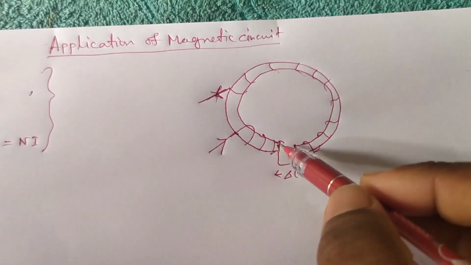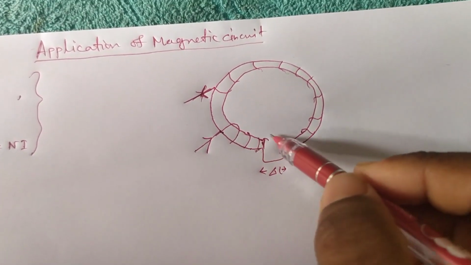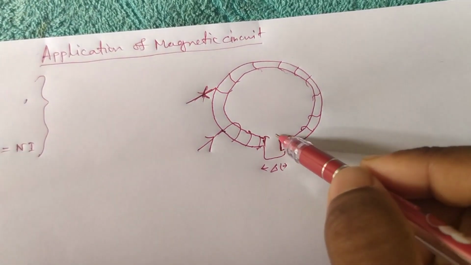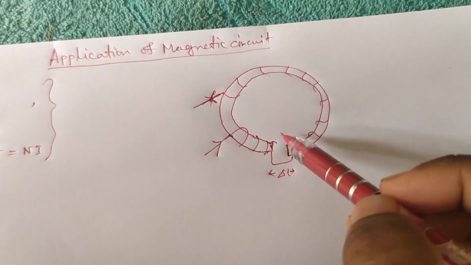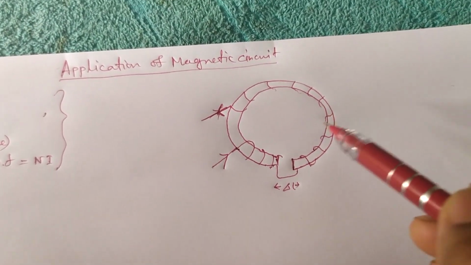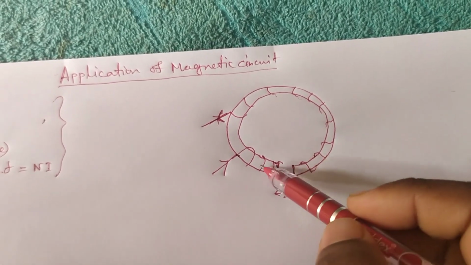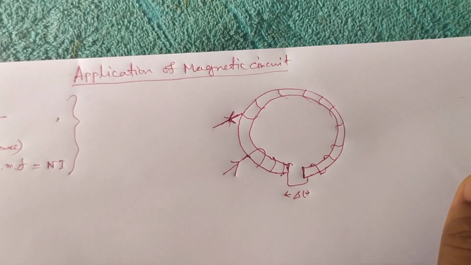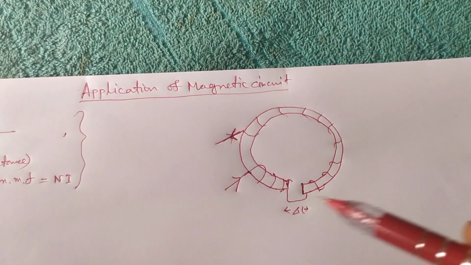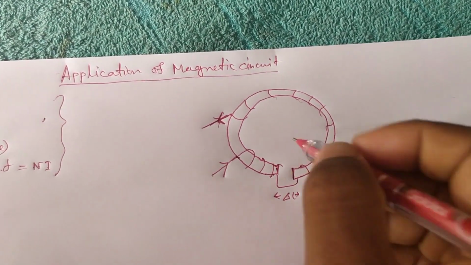We will see what is the benefit of keeping some air gap here, and we will make the necessary calculation of the reluctance of the system, the magnetic field intensity produced in the system, and the flux produced in the system. These are our targets.